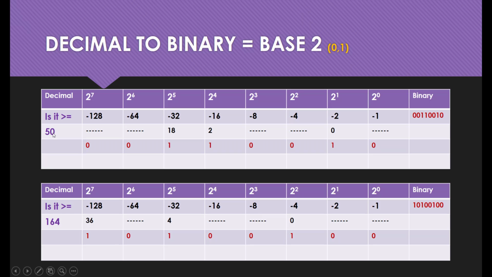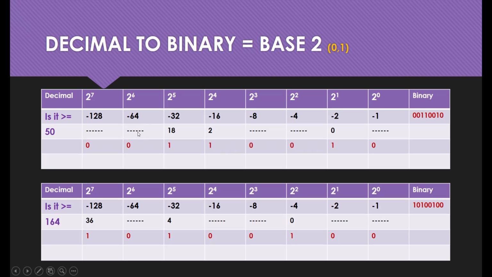So we take the same 50 to the next column, and the next number there is 64. And we say is 50 greater or equal to 64, and we know that is not true. That's why we have 0 down here. So it's false, and the same thing, we don't have a remainder because we didn't perform any operation.